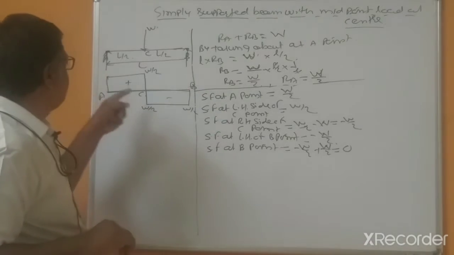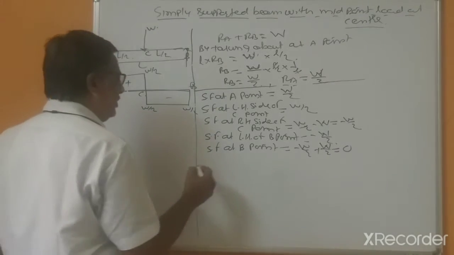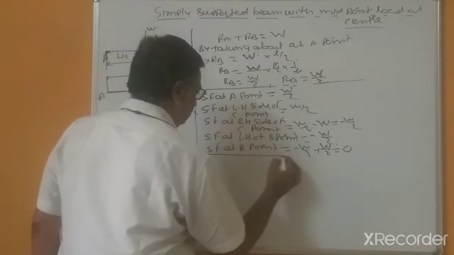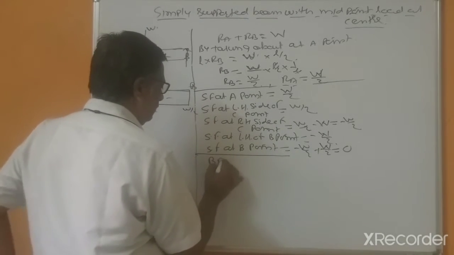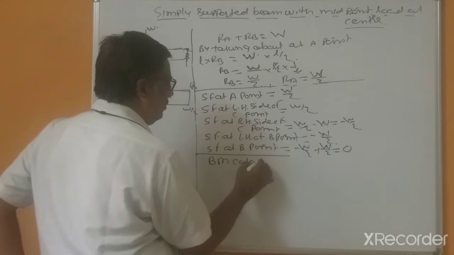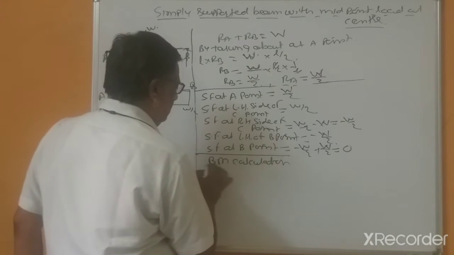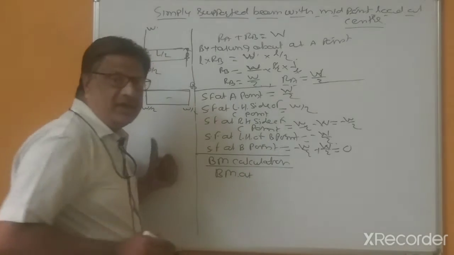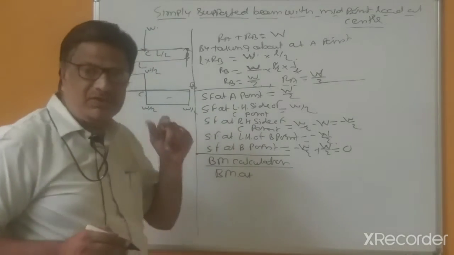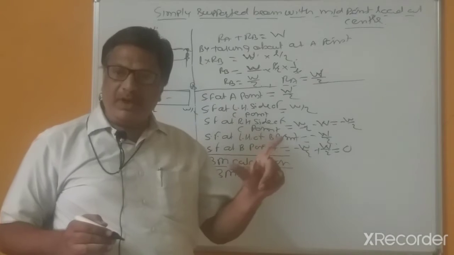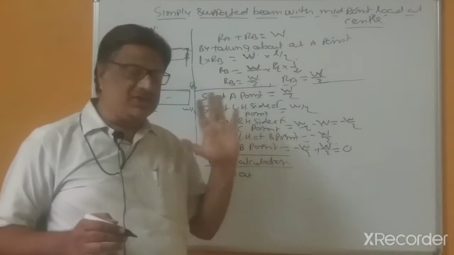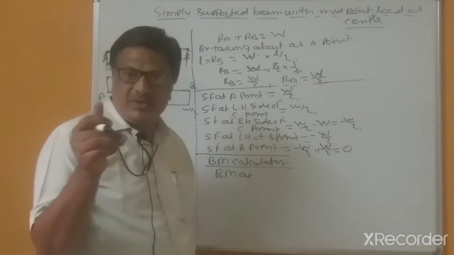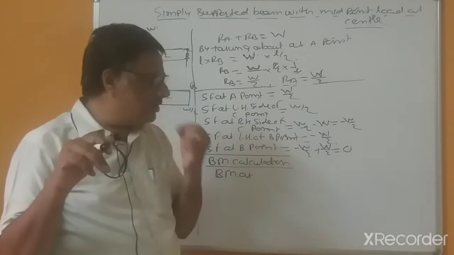Now the shear force changes sign at point C, so that's why we do the bending moment calculations. Always remember that for simply supported beams, the bending moment at end points is equal to 0. Such simple questions may be asked during examinations.